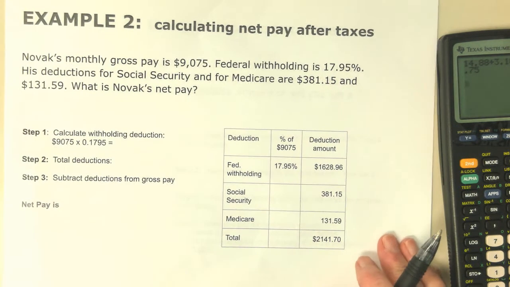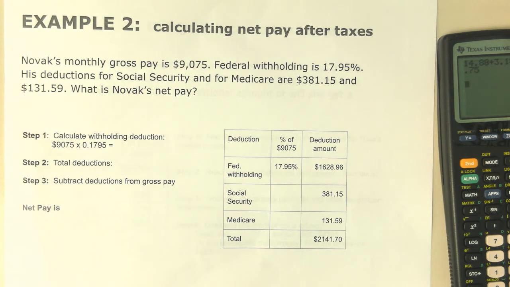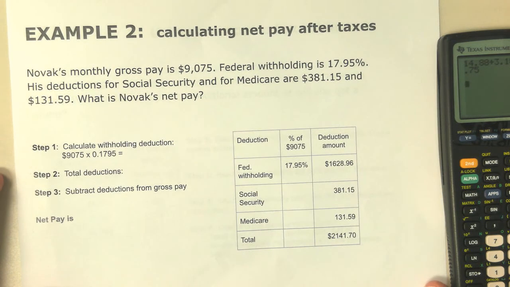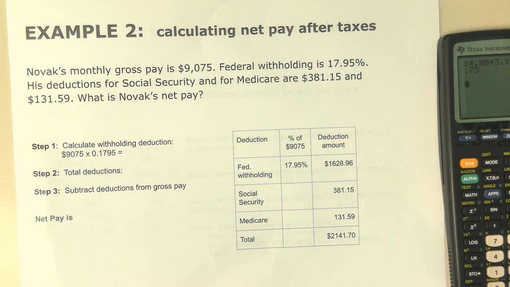Example number 2, we're going to calculate net pay after taxes. So a little calculation, and let's see how it works out. So Novac's monthly gross pay is $9,075. The federal withholding is a rate of 17.95%. Remember, that is a percent of the gross pay.